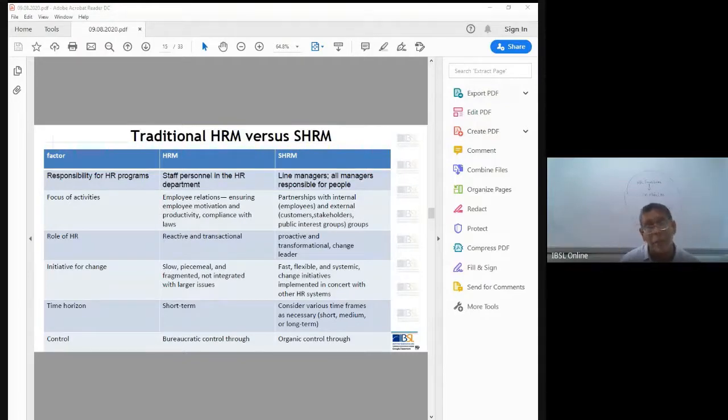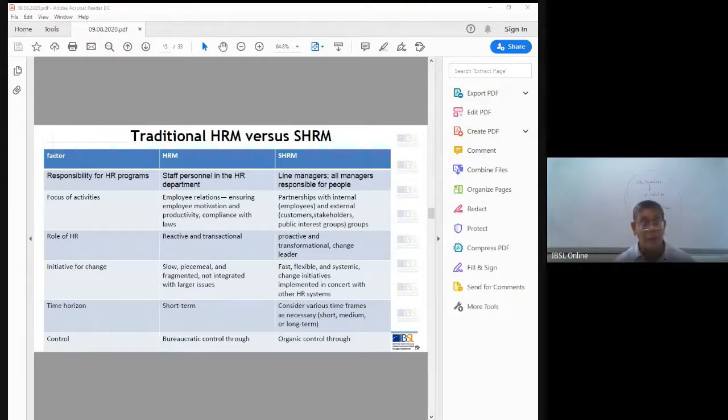We discussed what is a goal, what is an organization, why we call human resources unique, the basic goals, the strategic goals of HR, the objectives of HR, and the functional areas of HR. And we discussed the difference between personnel and HR management, and personnel management to strategic HR management.